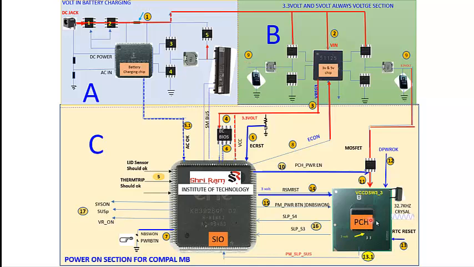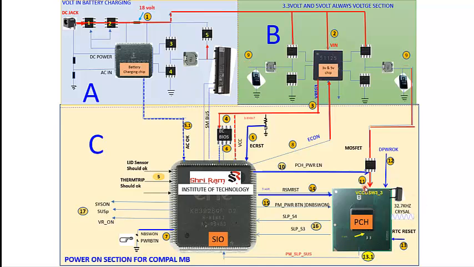This is VCC DSW3_3, the name of that signal. Here you should get a 3 volt. If you get a 3 volt here, that means the PCH got power.